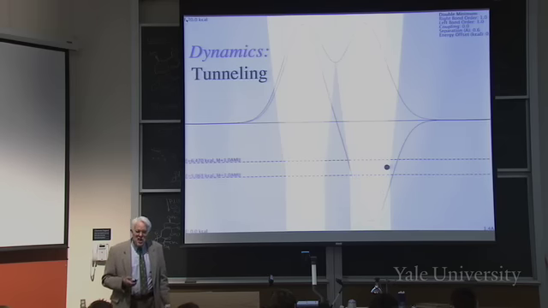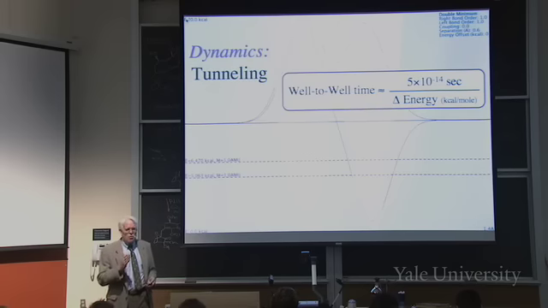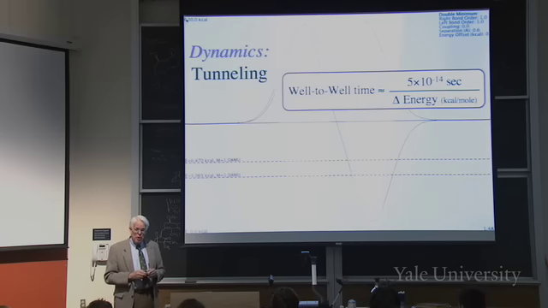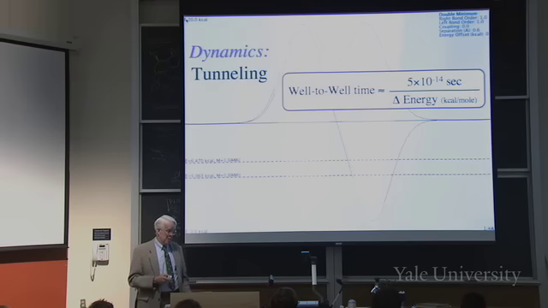Now, how often does that happen? It turns out that the time to get from one well to the other, which I won't be able to prove to you because it requires time-dependent quantum mechanics, and we're talking about time-independent quantum mechanics.